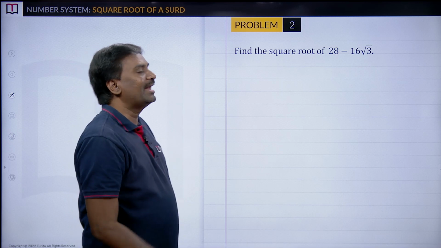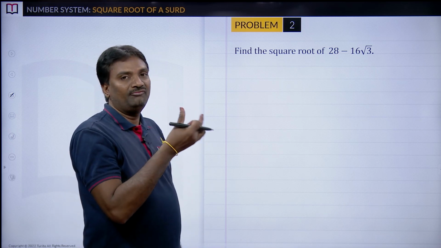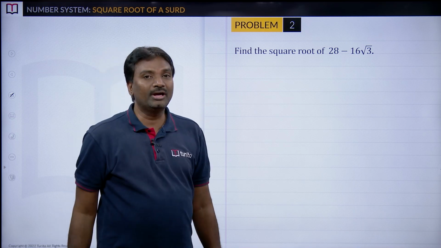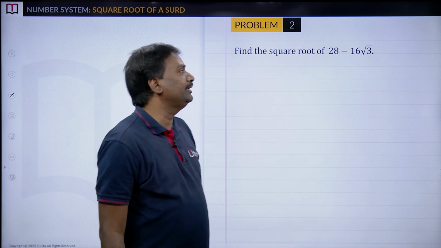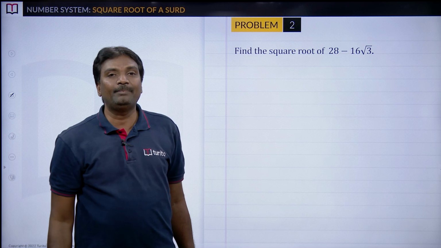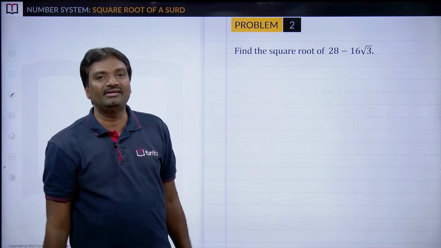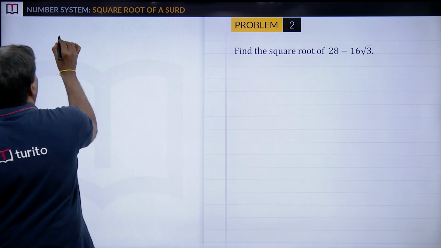So 28 minus 16 root 3 is given. Can anyone say how we can find the square root of that number? Very simple. Take the square root of 28 minus 16 root 3. Since we have a minus sign between the two terms of the given expression, you can take root x minus root y.